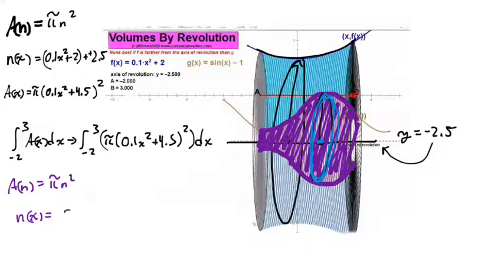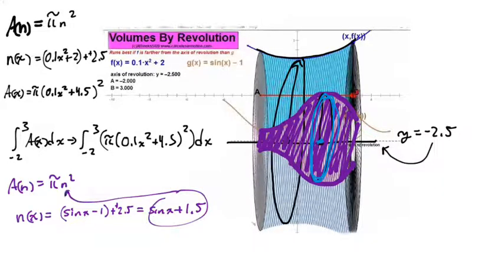So sine x minus 1 minus negative 2.5. And we can add that 2.5 to the negative 1 to simplify it a little bit. So it'll be sine x plus 1.5. So that's our r. Now we can plug this r into the area function and then do our integral at the same time.